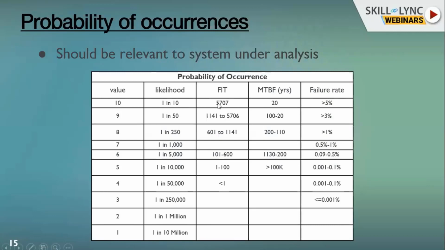I had field experience, field returns, and I could calculate the failure in time, and then MTBF, which is the reliability. The failure rate was greater than 5%, and the business wanted to bring the failure rate below 1%. They wanted the value to be 4.